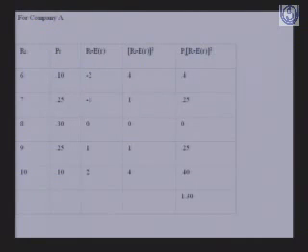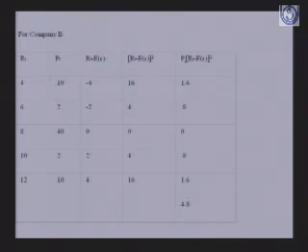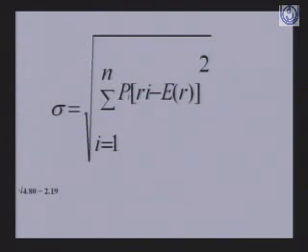Now, in order to get a positive number, we square this. We square this particular value, and that comes out to be 4, 1, 0, 1 and 4. If you look at the formula, what we have to calculate is Pi into Ri minus Er raised to 2. So in the last column, we are calculating this Pi into brackets open Ri minus expected return, brackets closed, raised to 2.